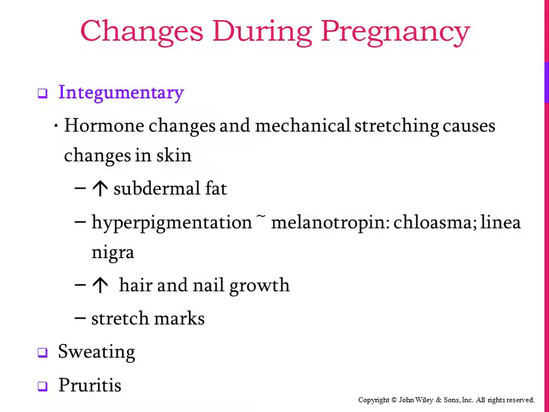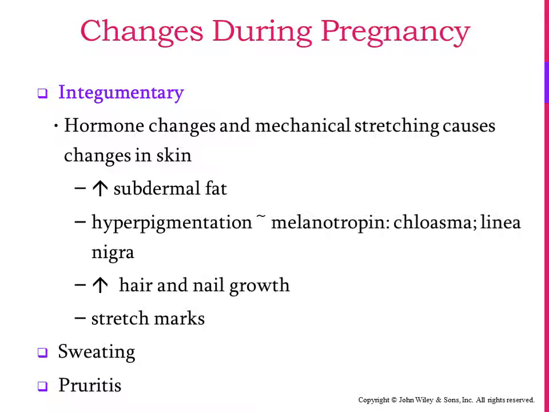Some females experience hyperpigmentation due to increased melanotropin, and it creates a darkening of the face called chloasma, or the mask of pregnancy. Some females have a hyperpigmentation of the line running through the rectus abdominis muscles, and it's called a linea nigra.